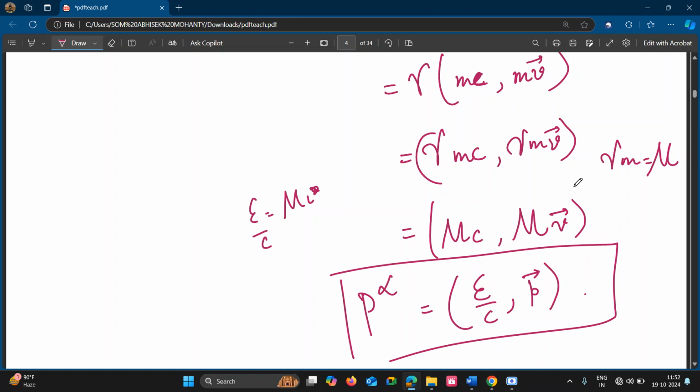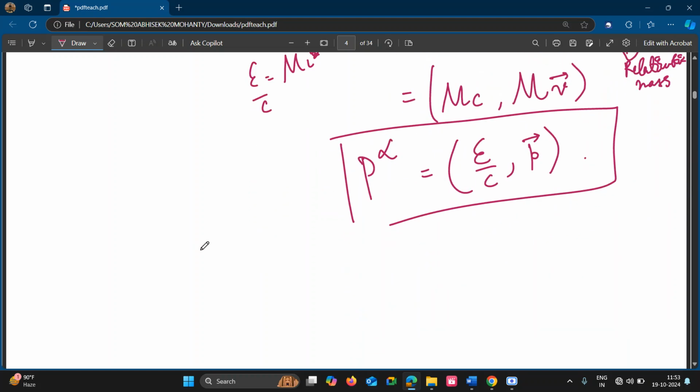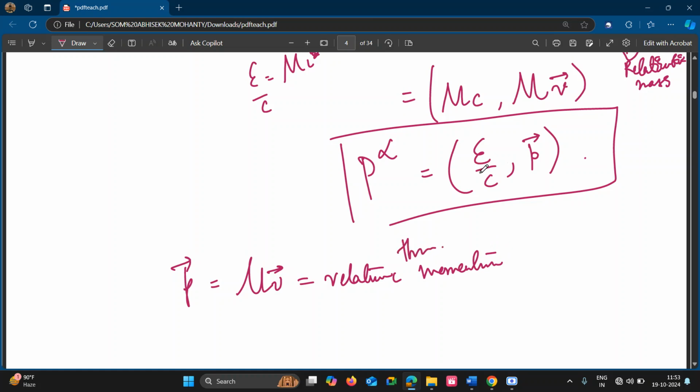This gamma m is your relativistic mass. And this Mv is the relativistic momentum, relativistic three momentum actually, because the temporal component is taking away the other one.